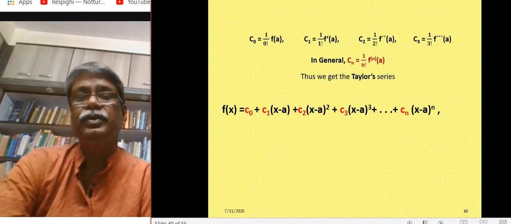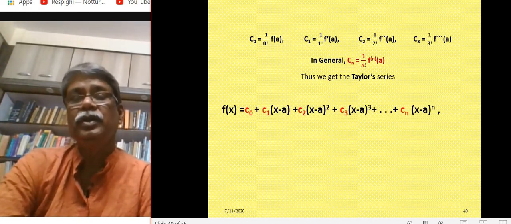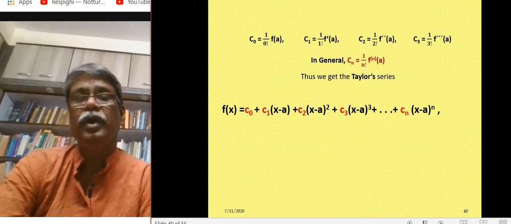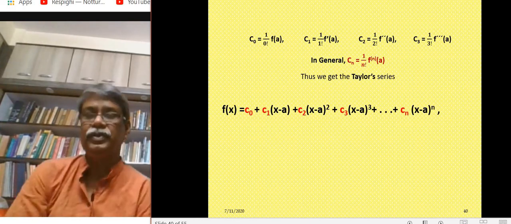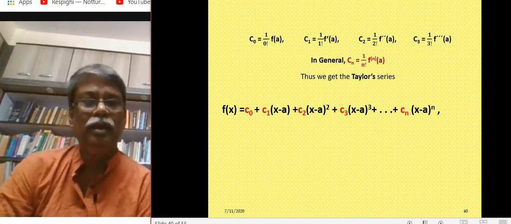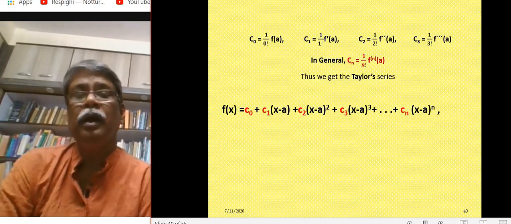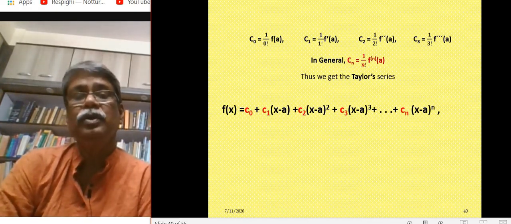So the Taylor series is a function expansion of f(x) as C0 plus C1 (x minus a) plus C2 (x minus a) square and so on. That means I am expanding an arbitrary function f(x) around any value a, and getting a polynomial on the right with the expansion coefficient, which has a general formula involving the nth derivative of the function at x equals a.